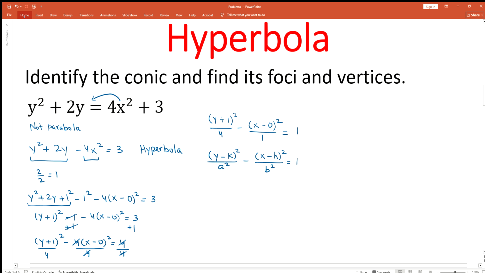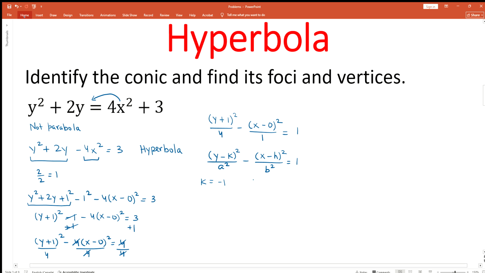We can compare our equation with this general equation to find the values of h, k, a square and b square. As per the comparison, k is equal to -1 because in our equation we have y plus 1 and in the general equation we have y minus k.